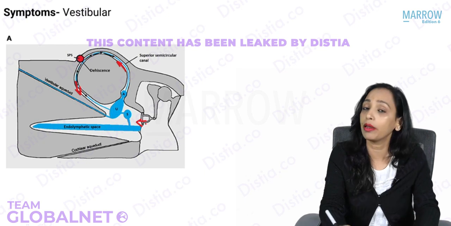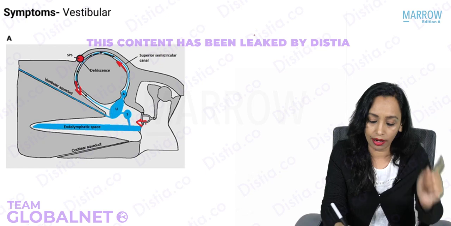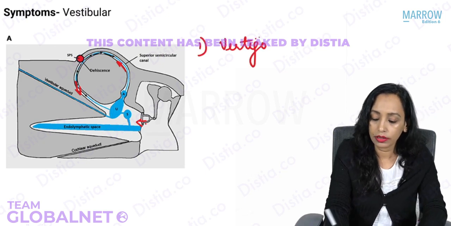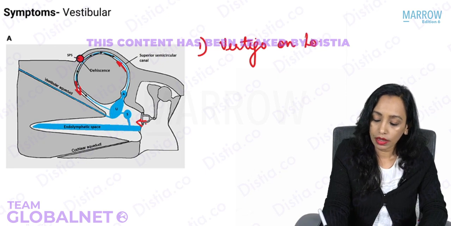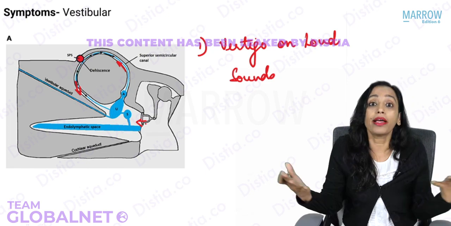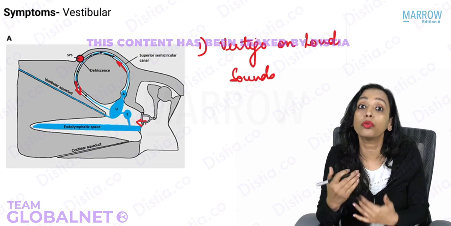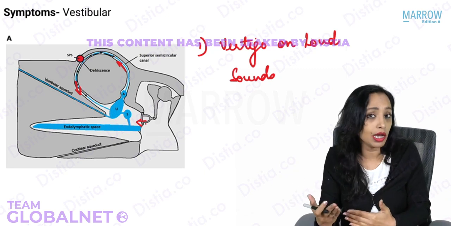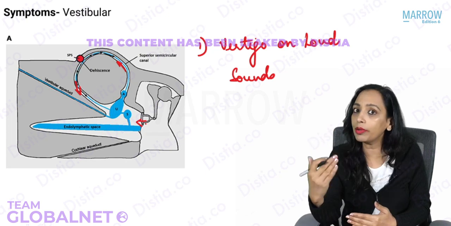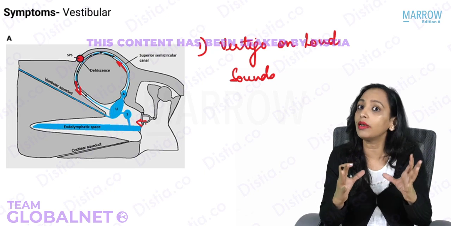So what will happen in patients if there is an abnormal third mobile window at the superior semicircular canal? There will be vertigo on loud sounds. This reflex on loud sounds is normal, but vertigo on loud sounds is not normal. If there is so much hyper-excitability, it means that there is an abnormal window or abnormal communication, because of which there is abnormal movement of endolymph stimulating the labyrinth.